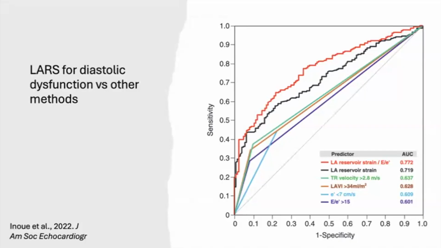And in this sort of ROC graph, values over 0.7 are traditionally considered acceptable. And then when you get into over 0.8, you're getting into the good or more than just acceptable category. And again, you can see that these models that incorporate left atrial reservoir strain perhaps inch out some of the more conventional ones, but even they don't really break into the good category by any means.